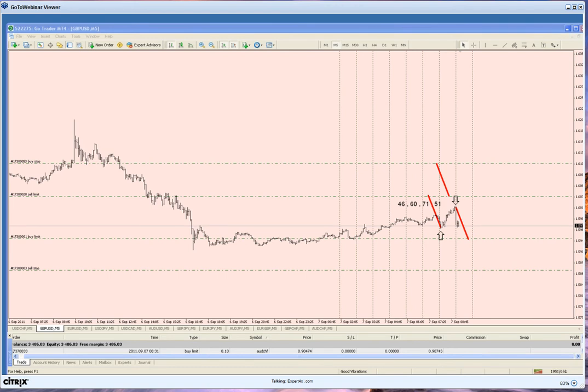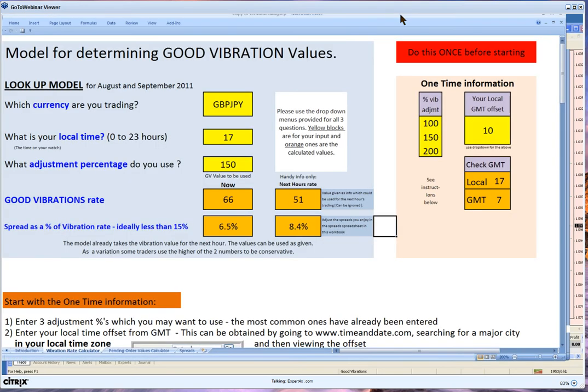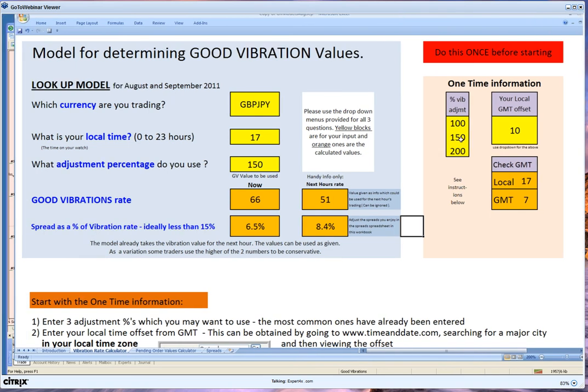So that's how you use these strategies. Those are actually the most important decisions you need to make on the day, because if you get these wrong, like I might have got this wrong today, I should have used 110 or 100 or 120 or something like that. You can change these values. That might have been a little bit better.